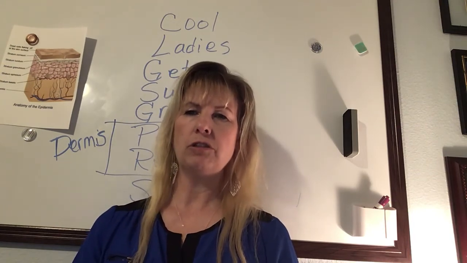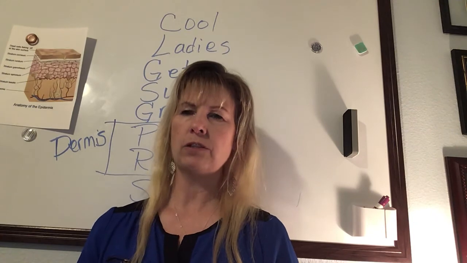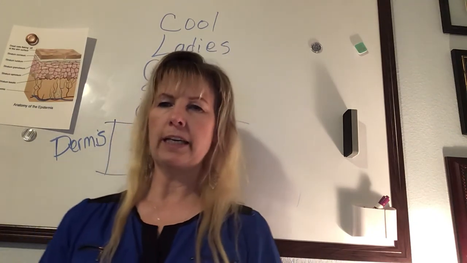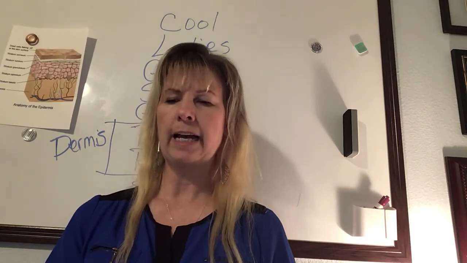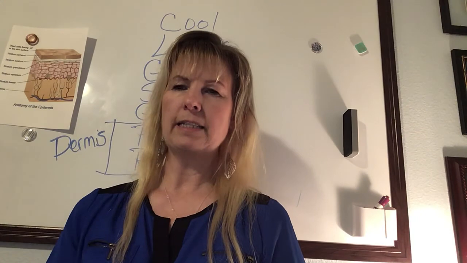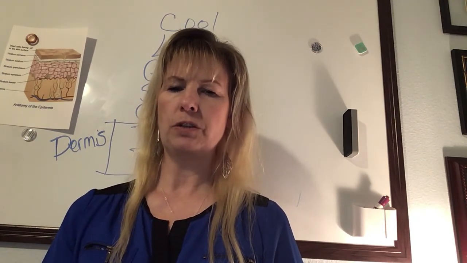I need you to send these answers to me, either by email or on the Oliver Finley app. And once we're done with this section of the reading, I need you to go into the discussion of the skin layers.